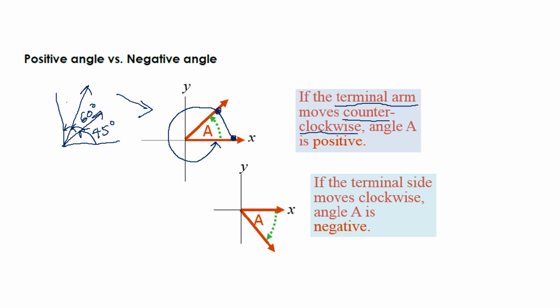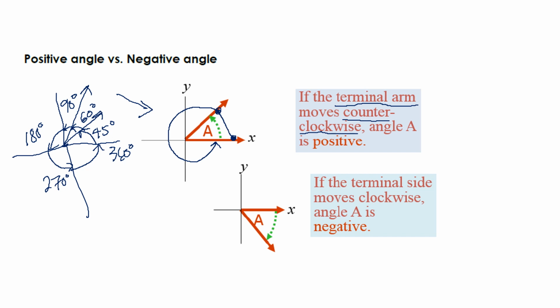This one is 90 degrees. Then you move again. This is 180 degrees. Then you rotate again, counterclockwise. This is 270 degrees. Then you move again. This one is 360 degrees. So if the terminal side moves counterclockwise, we know that all of the angles will become positive.